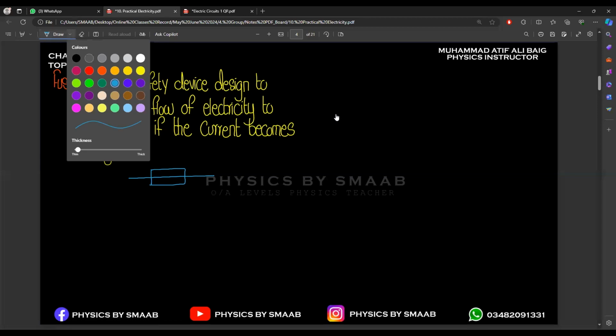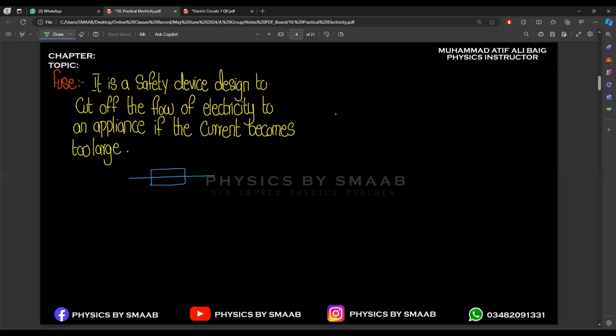And if we talk about the components of the fuse, like how a fuse is made or what are the components from which the fuse is actually made. So basically there is a glass type cylinder material, and in the center there is a very thin wire.